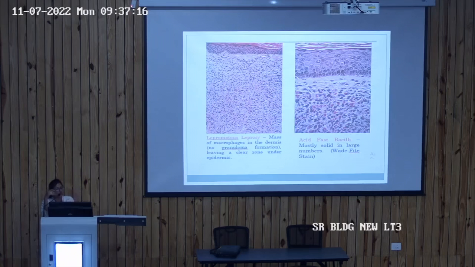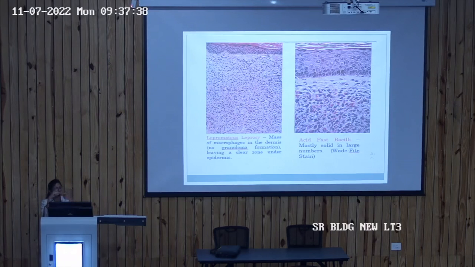What do we do next? We apply which stain? Ziehl-Neelsen stain. So that is the picture. So you can see a number of bacilli there. This is the Wade-Fite stain. That is also a modification of Ziehl-Neelsen stain.